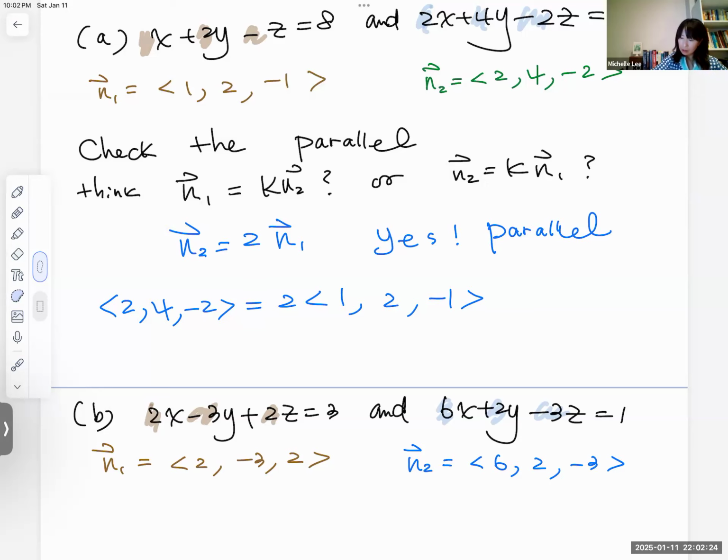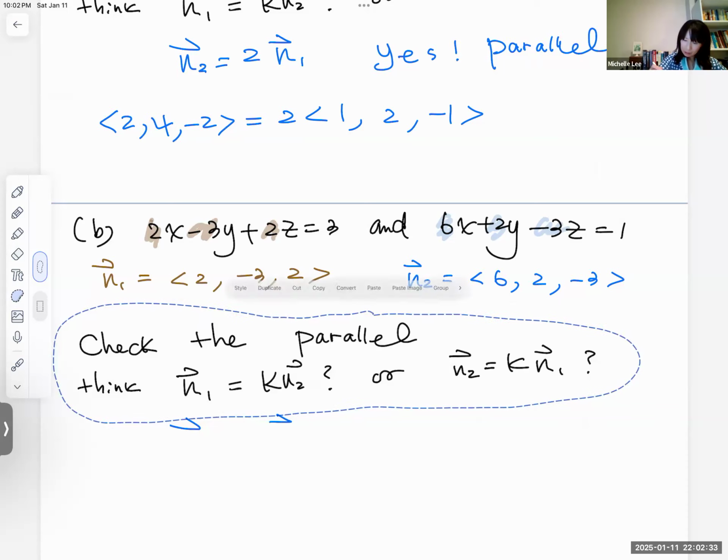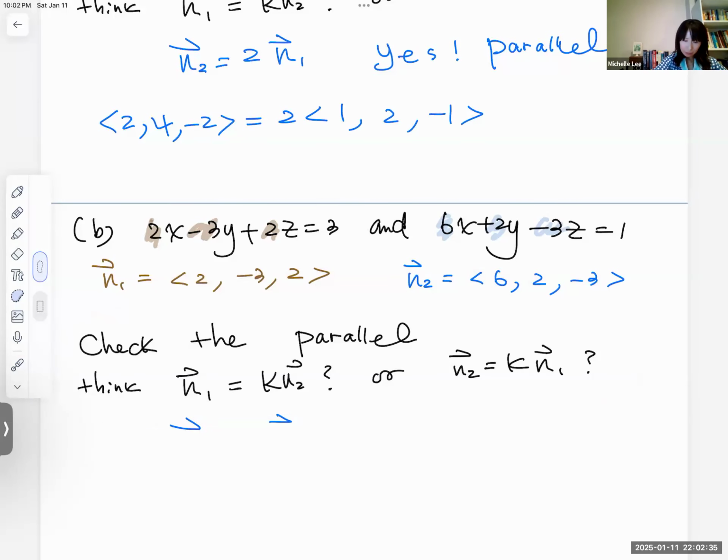Copy. Yeah, the iPad is so slow today. So what do you think? You cannot think about that? Okay, then let's say that it's not parallel.